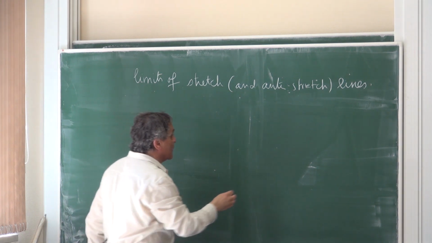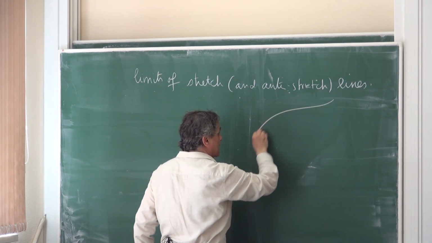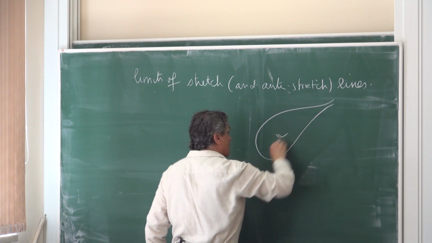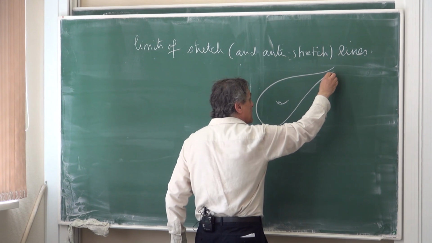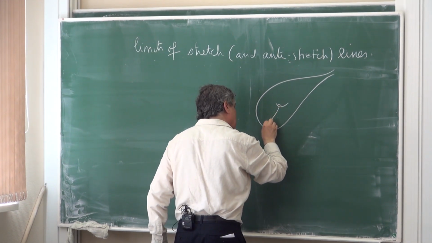So we have a surface, say a hyperbolic surface with one cusp, and let me take this example.